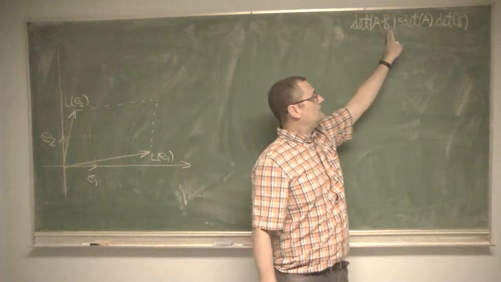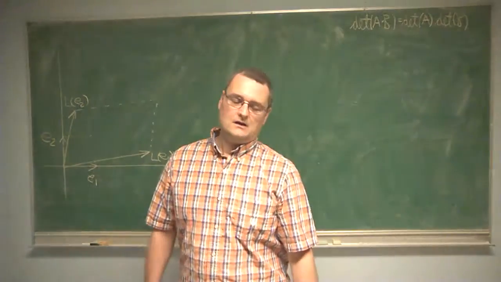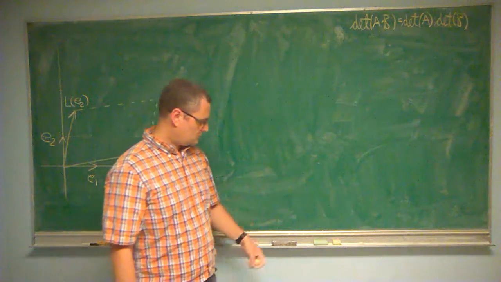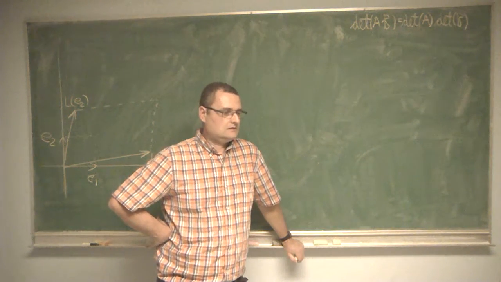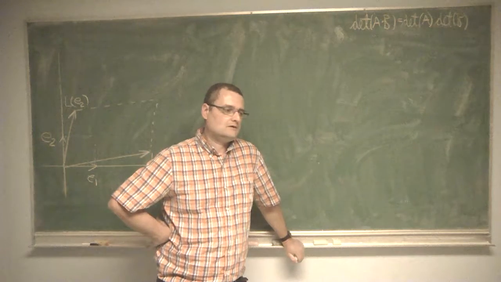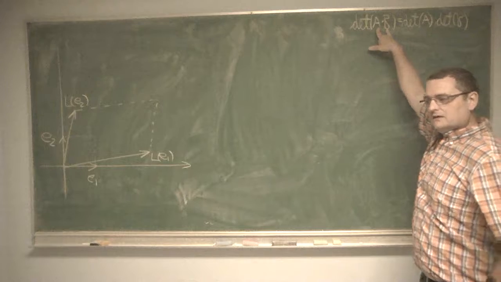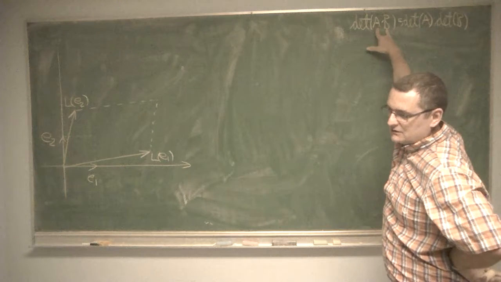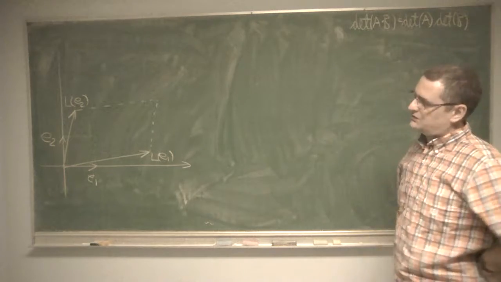The determinant of A times B is the determinant of A times the determinant of B. Well, if you try to show that algebraically, it's not that obvious, but geometrically it is pretty obvious once you understand the geometric interpretation, using linear transformations, of the product of two matrices.